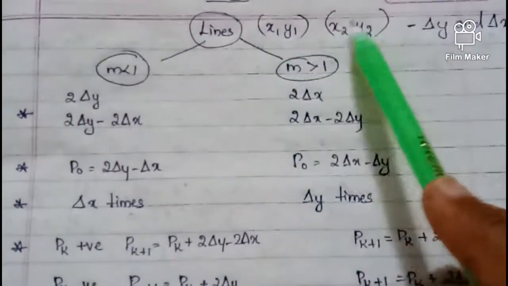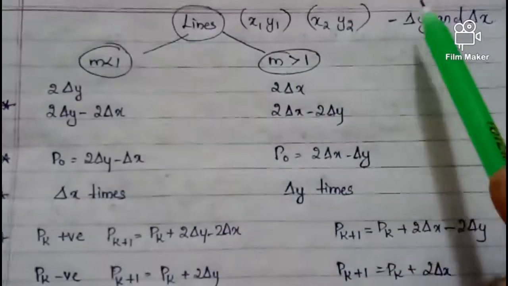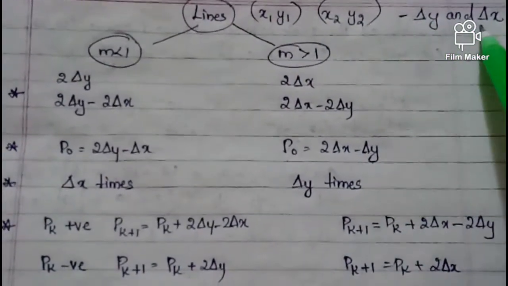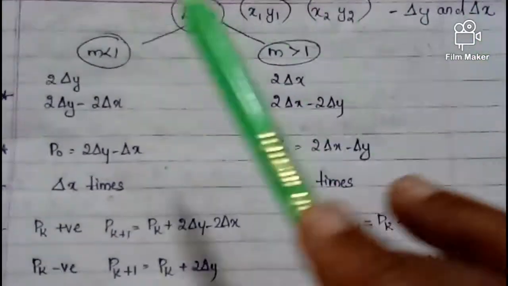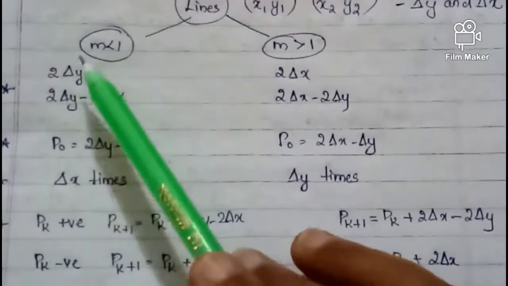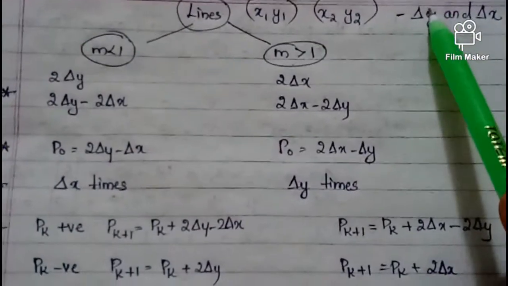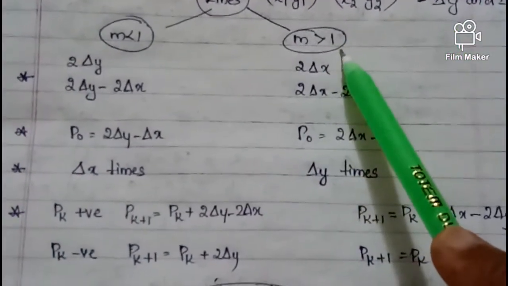You will be given two line endpoints, using which you will have to find the values of delta y and delta x. If delta x is greater, then you have to follow the first algorithm. If delta y is greater, you have to follow the second algorithm.